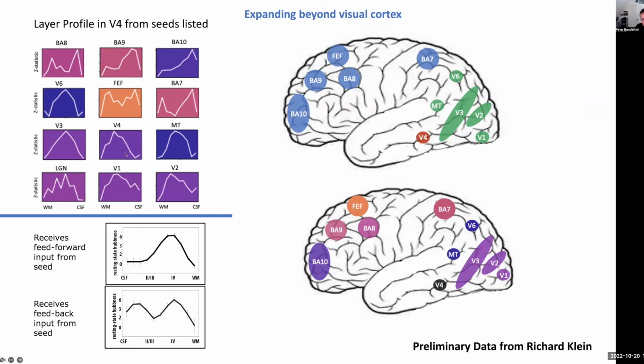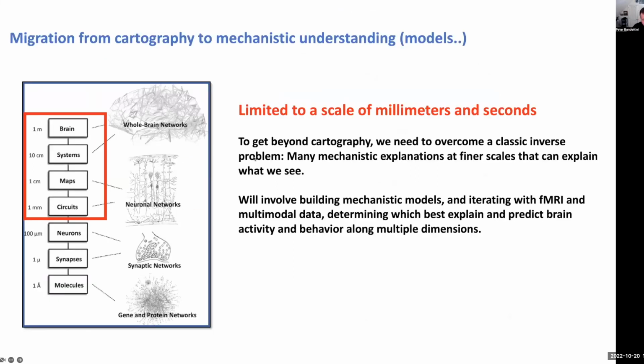They show this single hump. If you take seeds from areas that are above V4, that feed back to V4, you find this double hump for the most part. And it's not perfect data. It's very preliminary. So, all right, just about getting there.